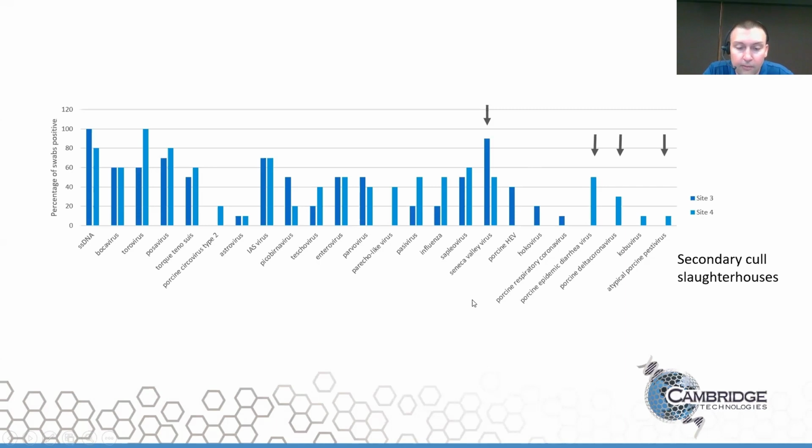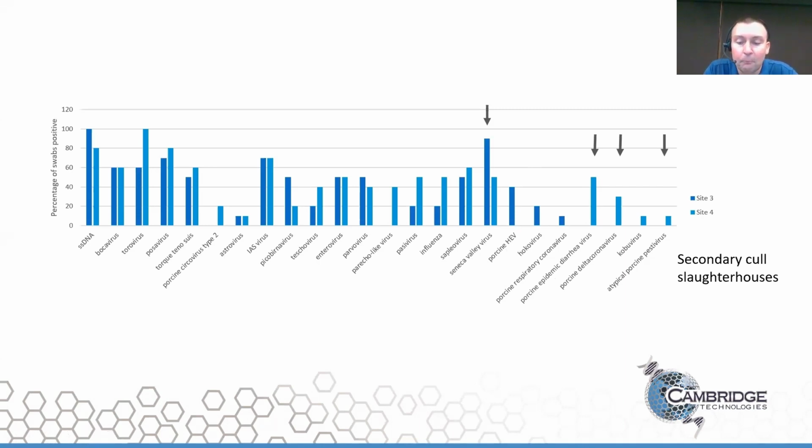These animals were all fit for slaughter. So I think the take-home message here is that things like Seneca Valley and PEDV in these older animals can certainly be subclinical. And if you think about transport, taking these pigs in, leaving empty, as potential routes of virus transmission.